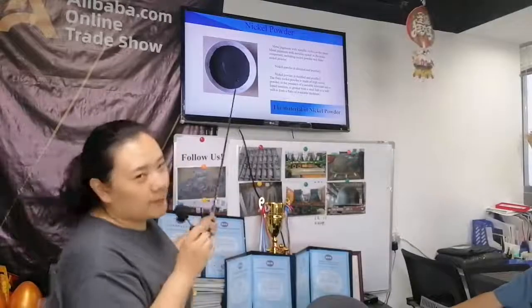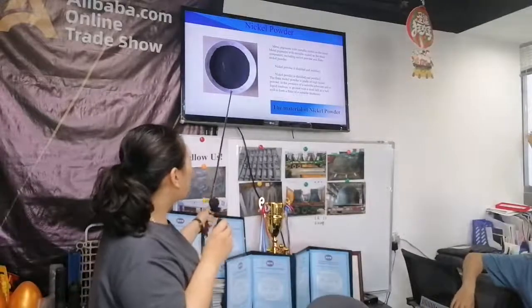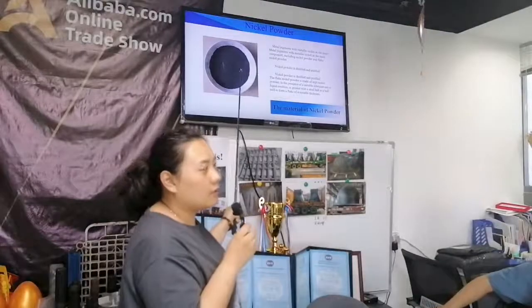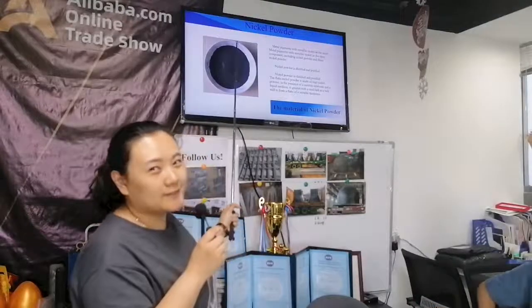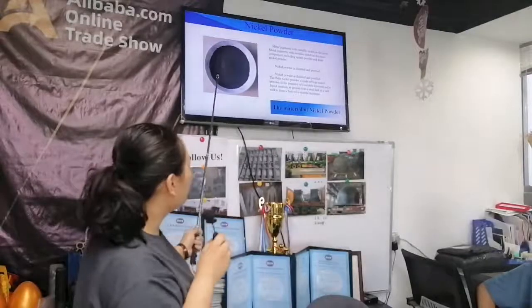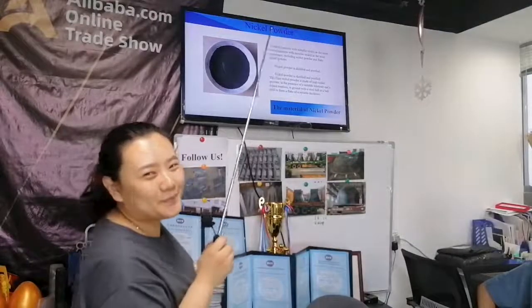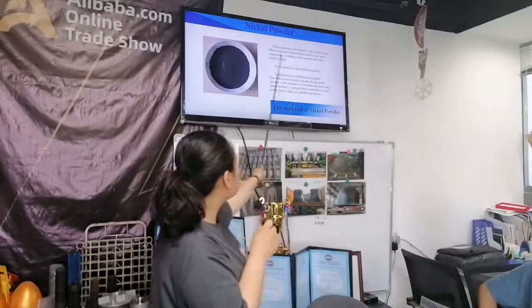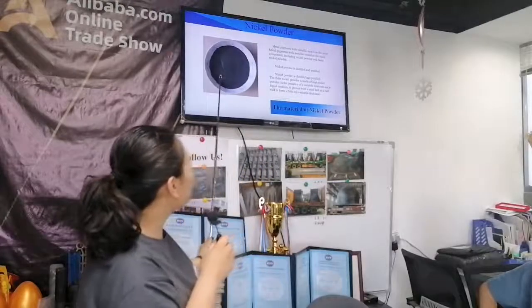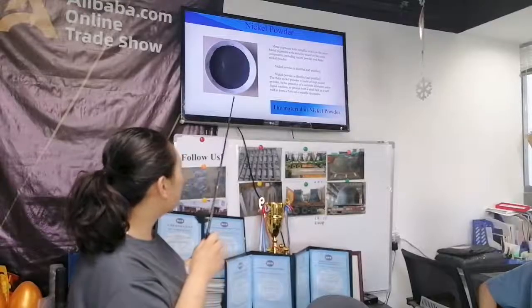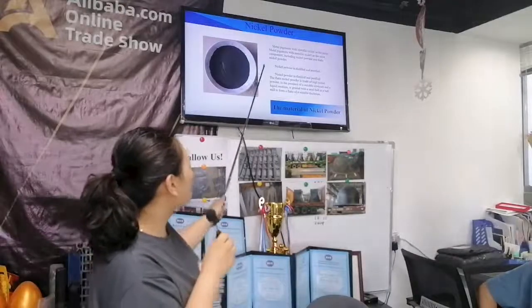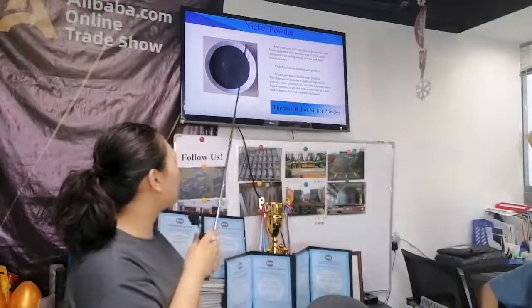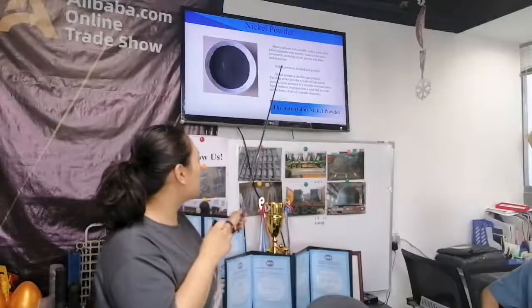Now look at the picture. This is nickel powder. Nickel powder in our life is very useful. Nickel powder is made with nickel as the main component.